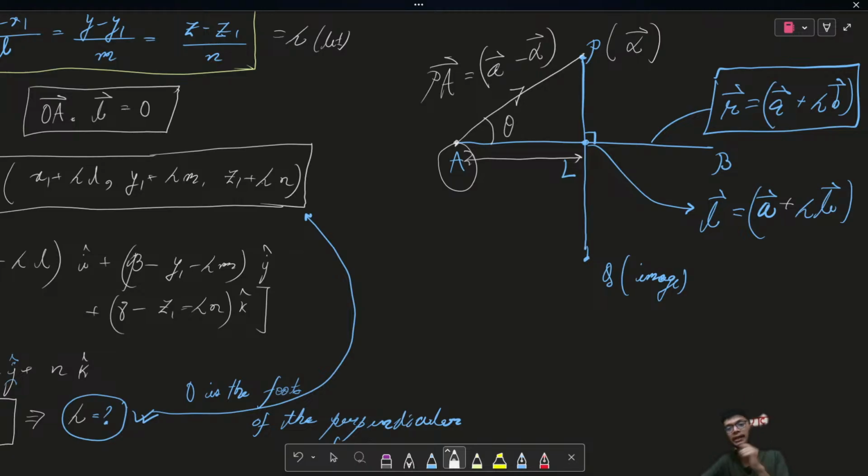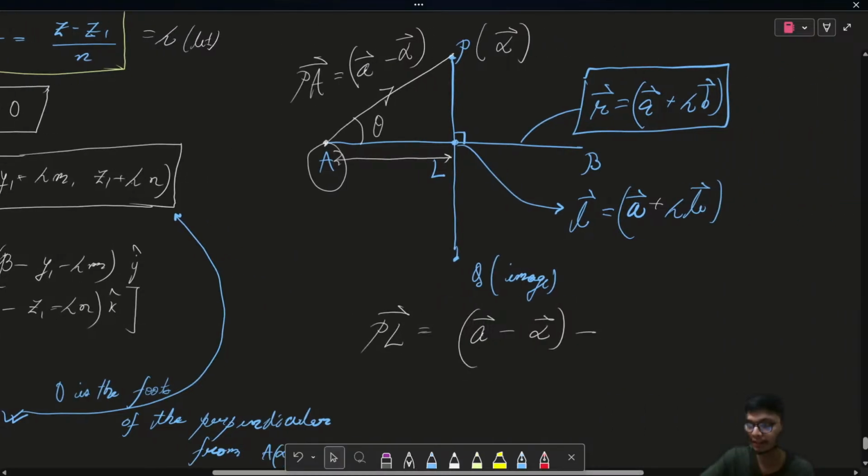Similarly, if I find the perpendicular projection of this PA vector, I will get this PL vector. So this PL vector is nothing but the perpendicular projection. I can apply the vector triangle law of vector addition: a vector minus alpha vector minus this AL vector.